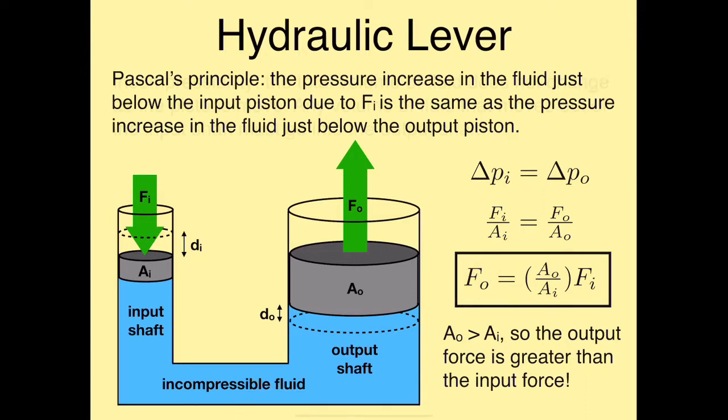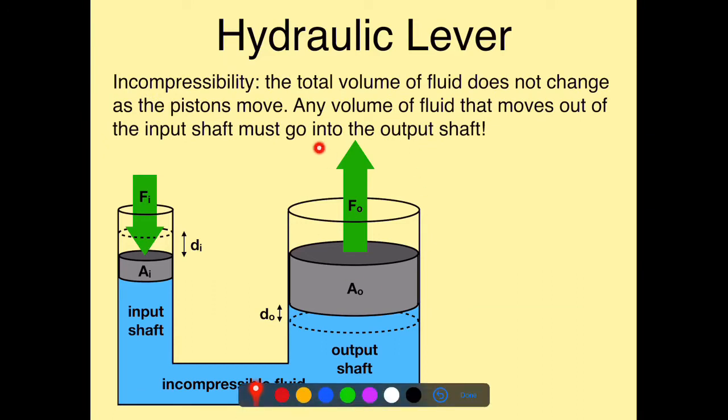That's the idea. So this amplification of the force, the fact that we get such a large output force compared to our input force, comes at a cost. Because if we look at the distance that each piston moves, so the input piston is going to move down a distance di, and then the output piston is going to move up a distance do. Turns out do is going to be tiny compared to di, okay? And the way we can understand that is by using the concept of incompressibility.